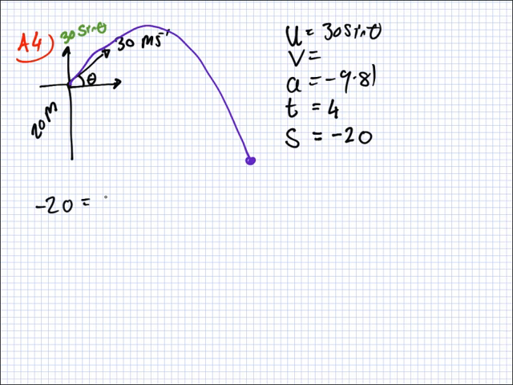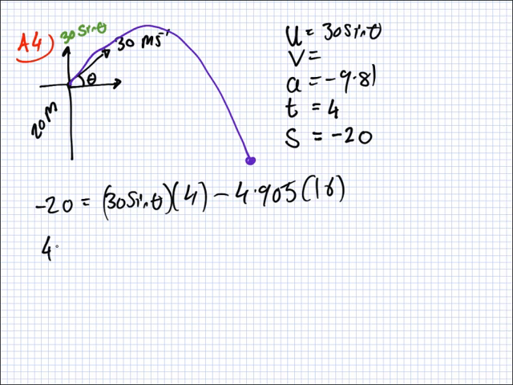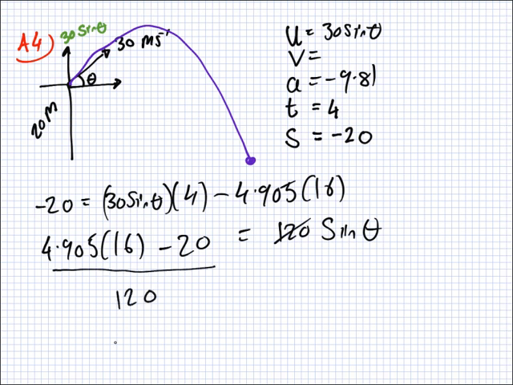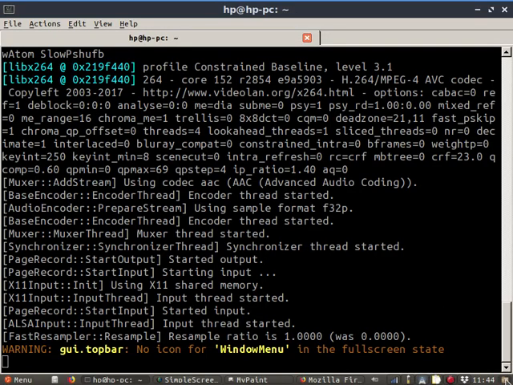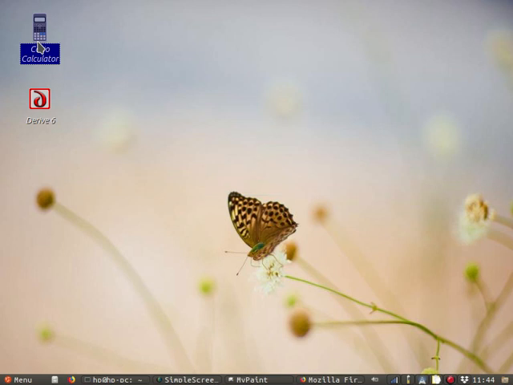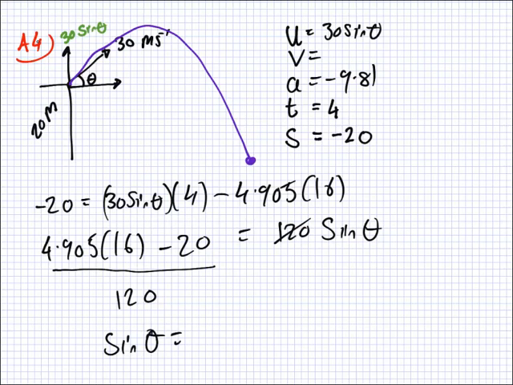s equals ut plus a half a t squared. So that means 4.905 times 16 minus 20 equals 120 sine theta. So if I divide by 120, I get sine theta equals, now let me just get my calculator out. We'll calculate it now.